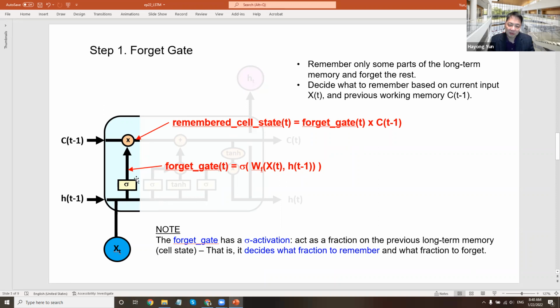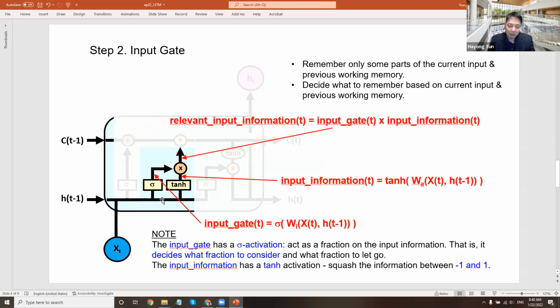Okay, so having passed the forget gate, the middle part is the input gate. And what does it do? It remembers some parts of the current input and the previous working memory. Here is what is passed through the gate: the past output and the input go through this gate.